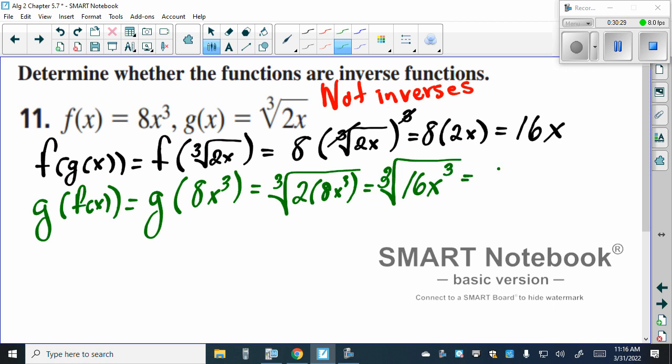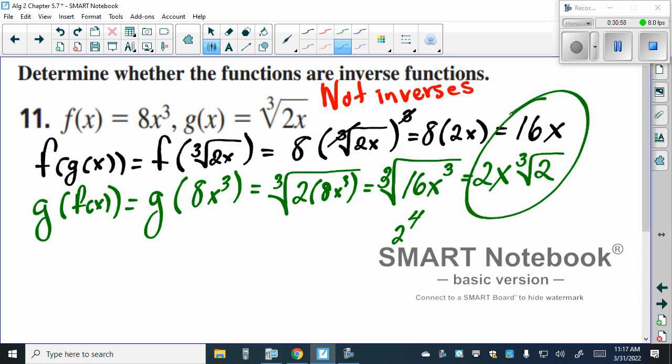Now I know I can take the cubed root of x cubed, because the cube and the power match up. Now the cubed root of 16 doesn't quite work, because 16 is 2 to the 4th. Well, we can take one 2 out, but what I'm left with is the cubed root of 2, because I can bring a group of 3 out, but I'm left with 1 left over. So we can see here, these are not the same.